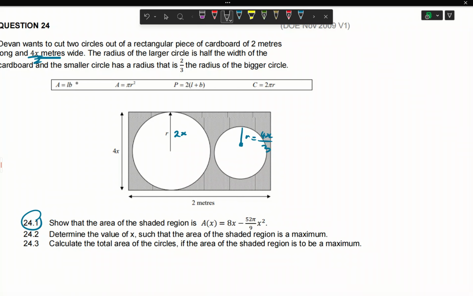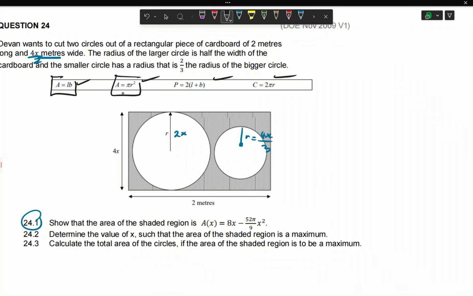We're given these formulas. I cannot use the perimeter, and if I use the circumference, where is that taking me? Okay, let me stick with the areas.